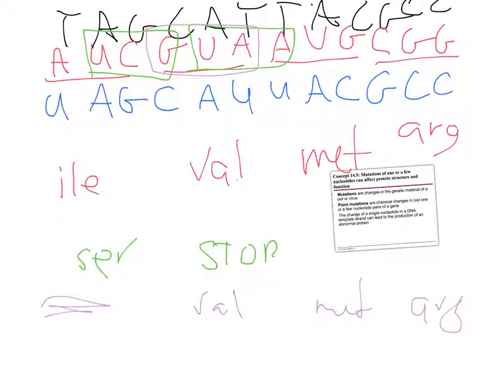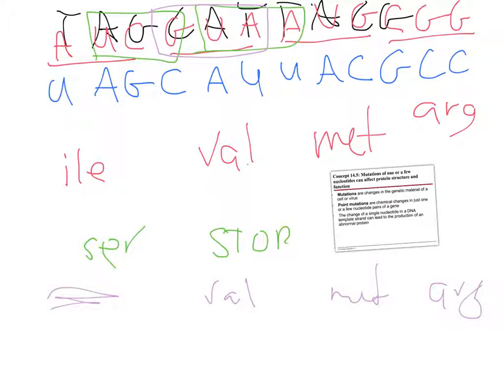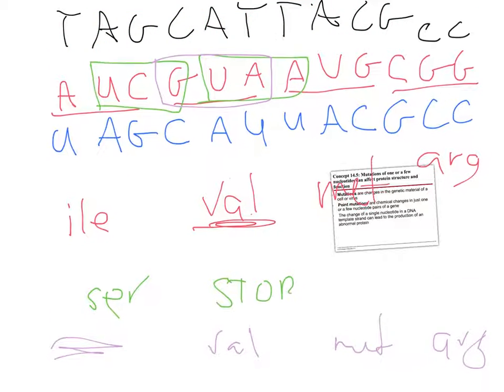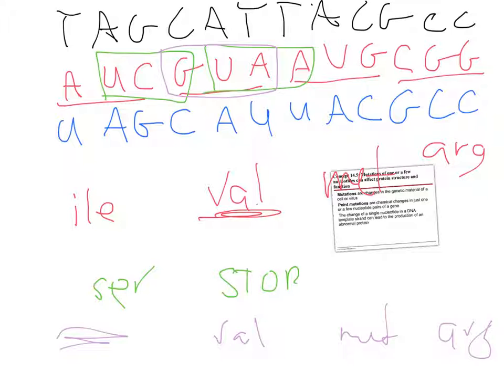What if I change the codon for valine, which is GUA? Let's change that first codon. Let's say there's a problem here. Instead of the G, for whatever reason, we end up with a C. Okay? So the codon is actually CUA instead of GUA, which means it would be what amino acid?